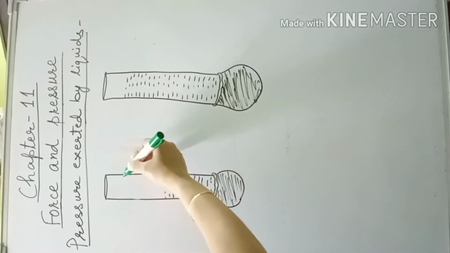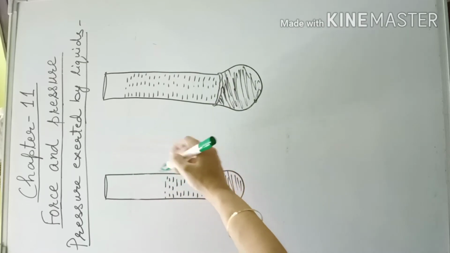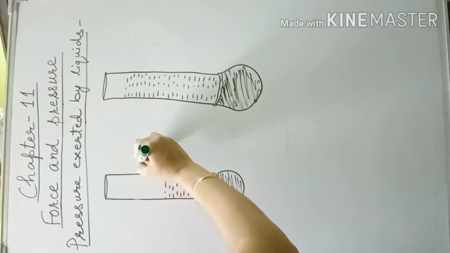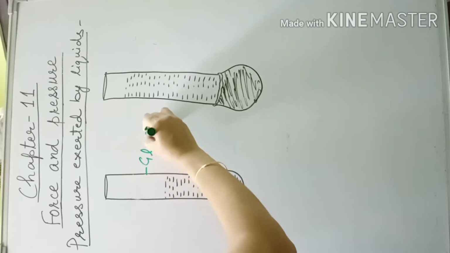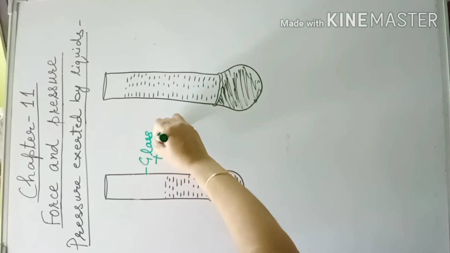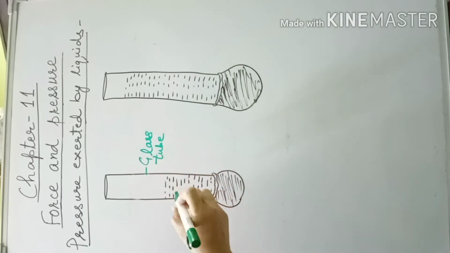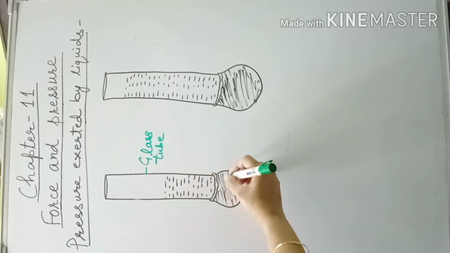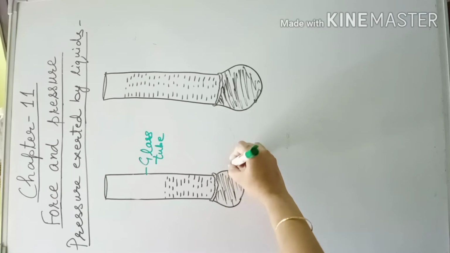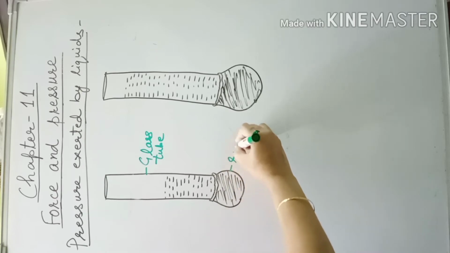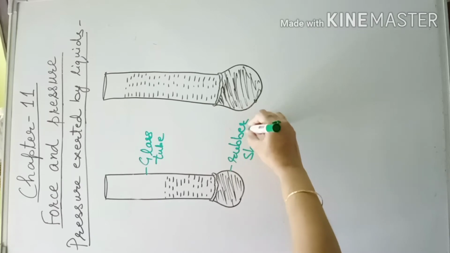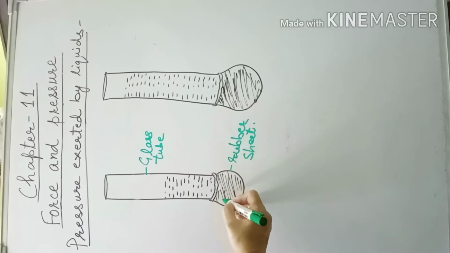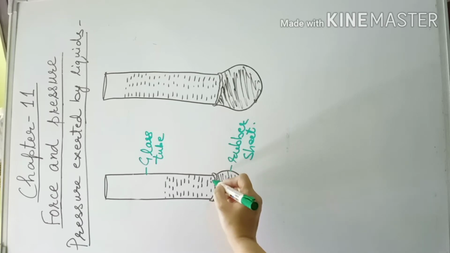So take a transparent glass tube or a plastic pipe. Also take a thin sheet of a good quality rubber. So this is rubber sheet. Stretch the rubber sheet tightly over one end of the pipe.